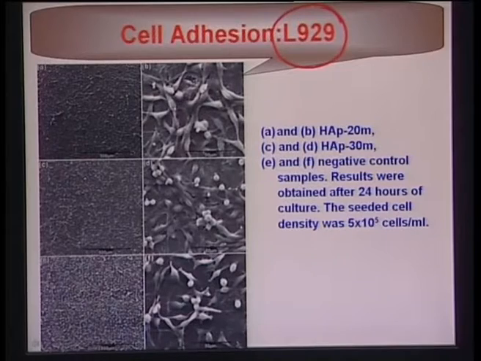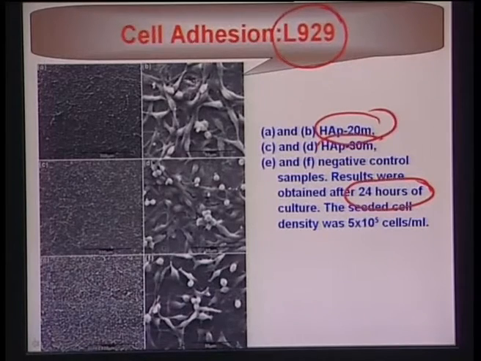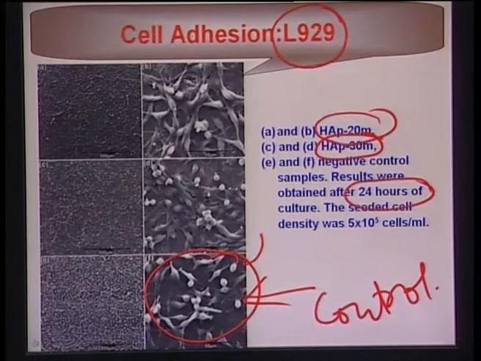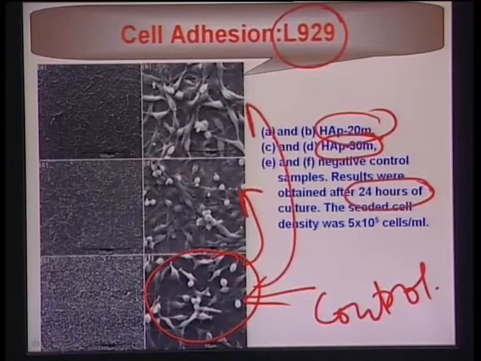Now L929 is the mouse fibroblast cell, which is the connective tissue cell of the mouse. These are cultured for 24 hours on different samples: hydroxyapatite, 20% mullite, 30% mullite, and this is your control sample. If you compare the cell adhesion as well as cell proliferation with this one and with this one, you do not see much difference.